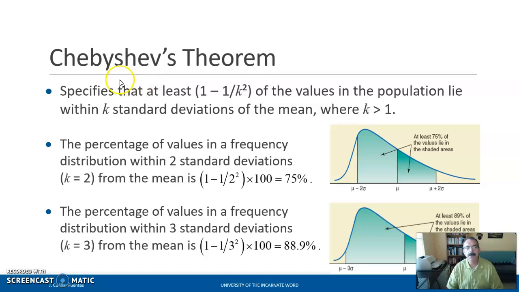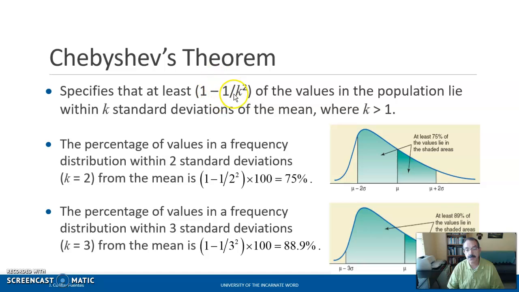Chebyshev's theorem specifies that at least 1 minus 1 over k squared of the values in the population lie within k standard deviations of the mean, where k has to be bigger than 1. If it is 1, then you can see that this quantity becomes 0. So, for example, the percentage of values in the frequency distribution within 2 standard deviations of the mean, in other words, k is equal to 2, is 1 minus 1 divided by 2 squared.